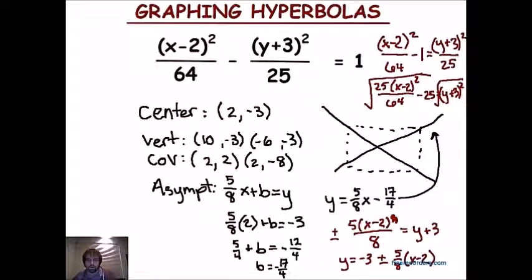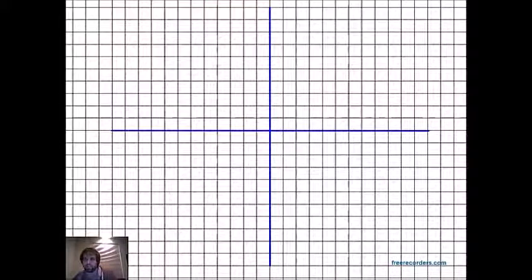So we're going to skip back and forth between a page here now and actually graph this. So we know that the center is now going to be at 2, -3, and I'm going to do these by 2's.